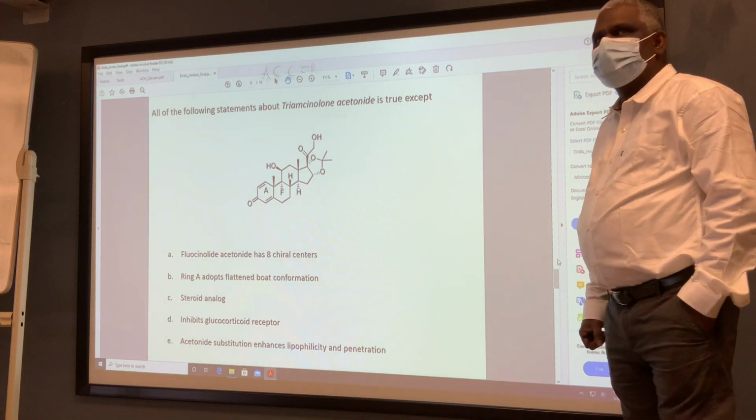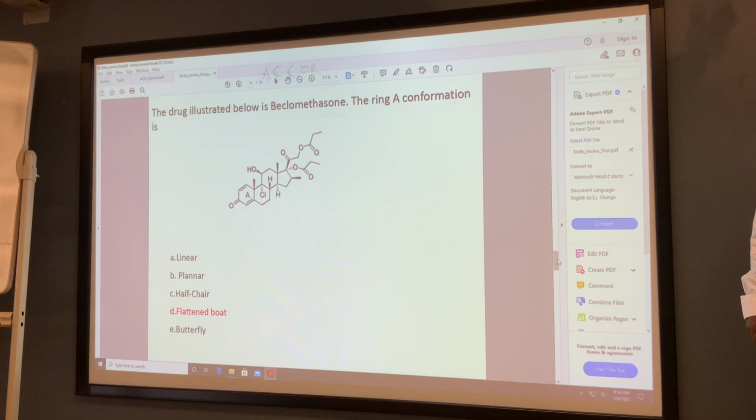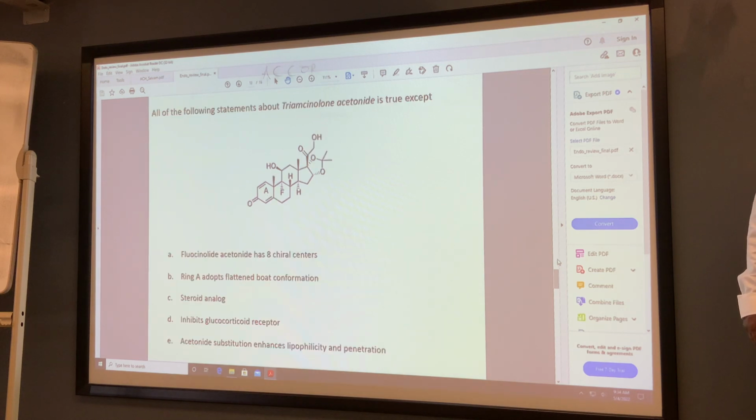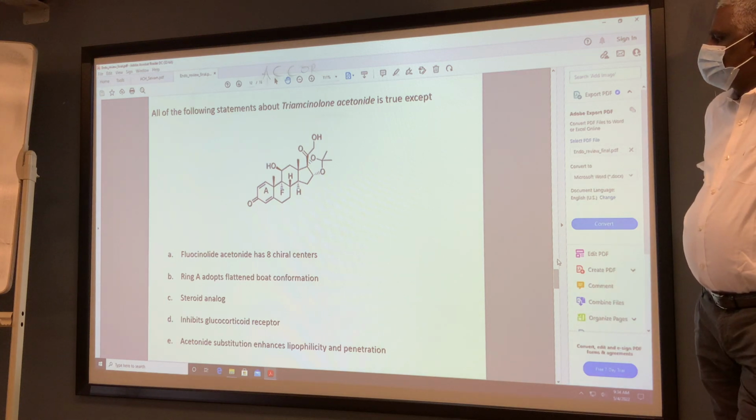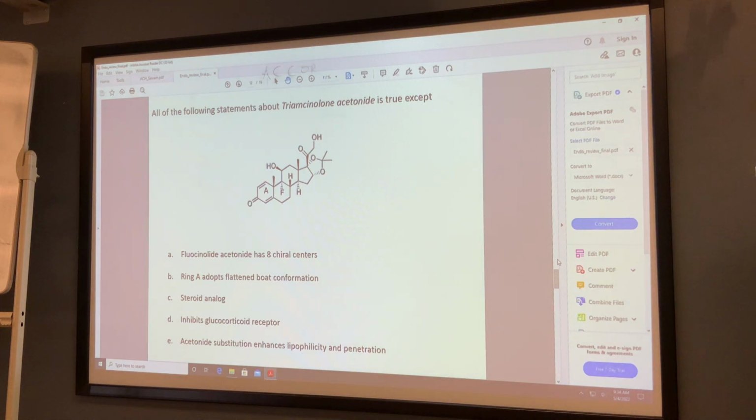D is right. It's not an inhibitor, it's an activator.